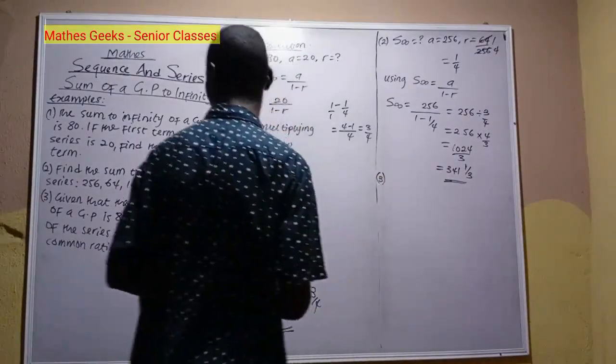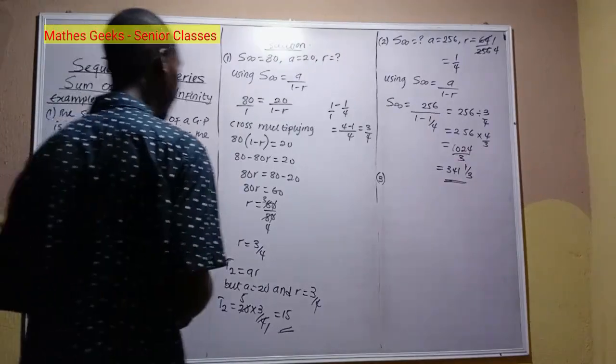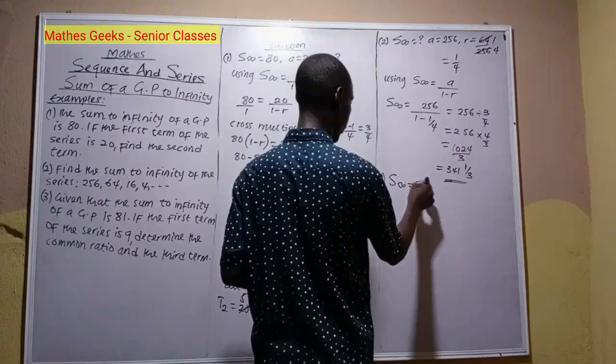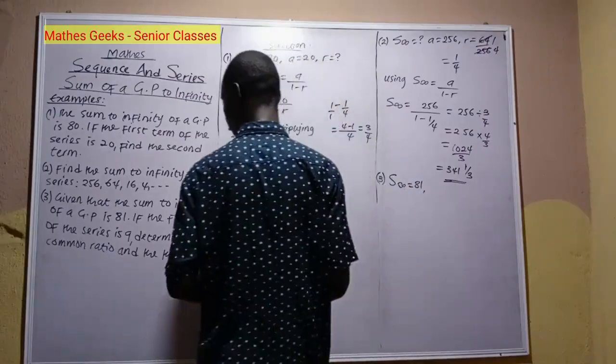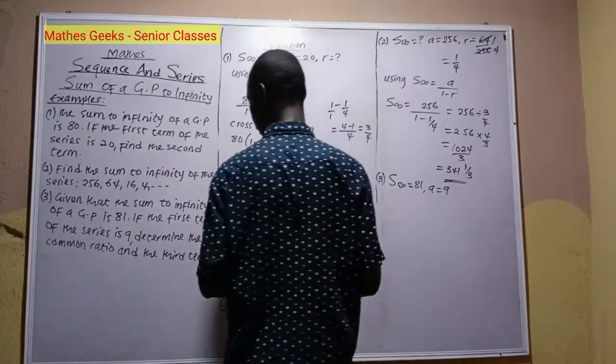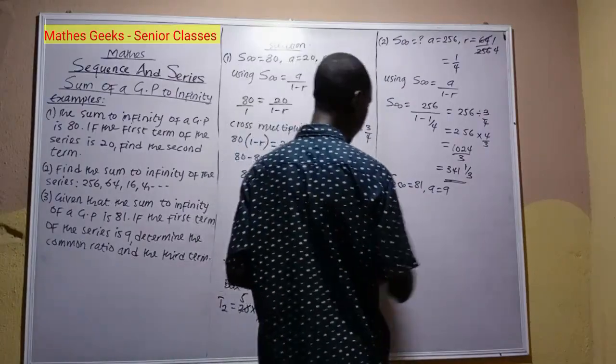Given that the sum to infinity of a GP is 81, if the first term of the series is 9, A is equal to 9, determine the common ratio and the third term.